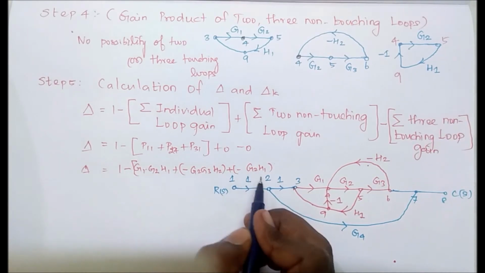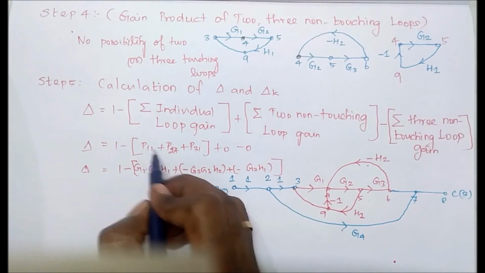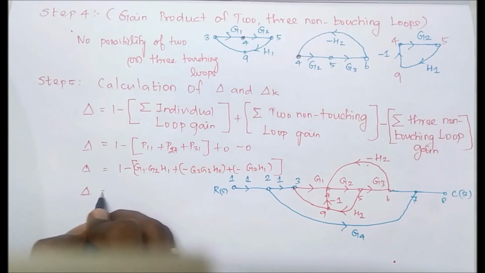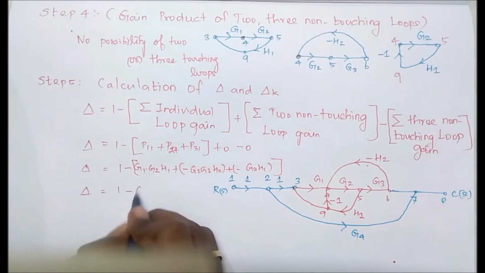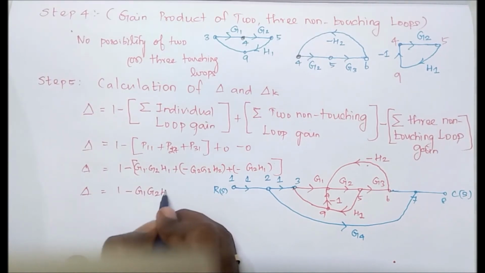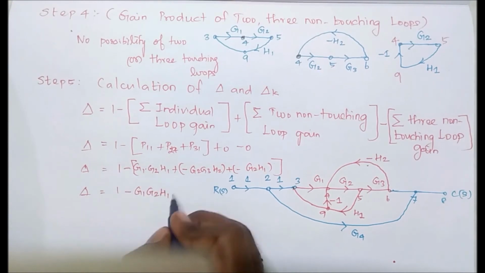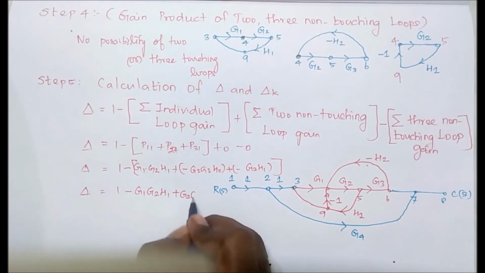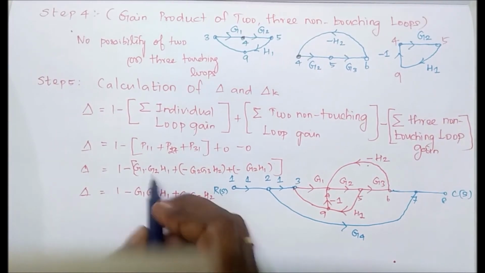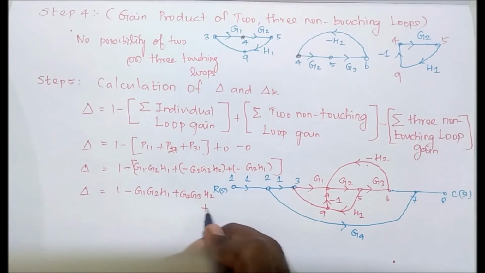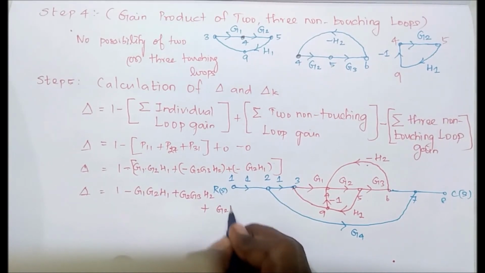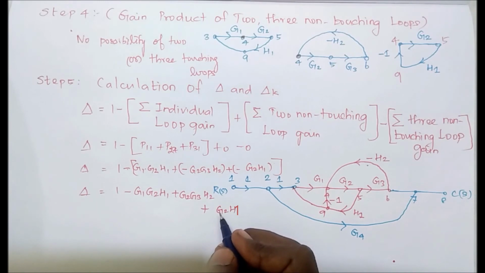These three we already calculated. Simply we have to substitute here. So we will get del equal to 1 minus G1 G2 H1. So minus into minus plus G2 G3 H2. Again minus into minus plus G2 H1. So this is the del value.